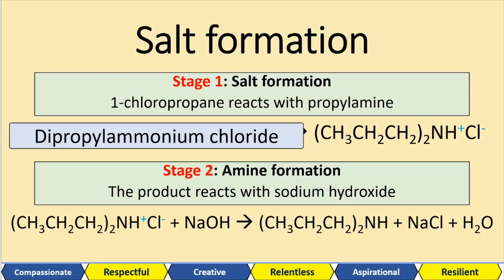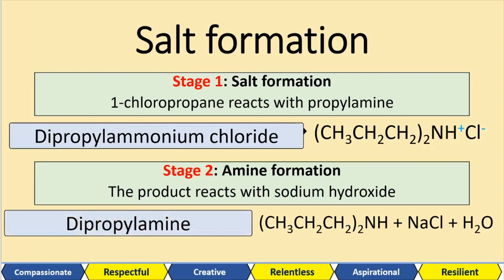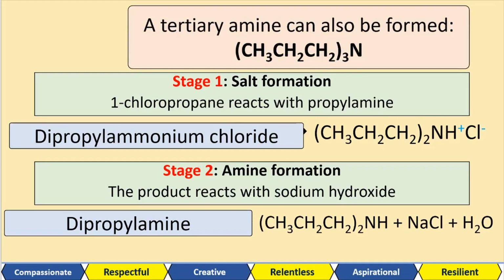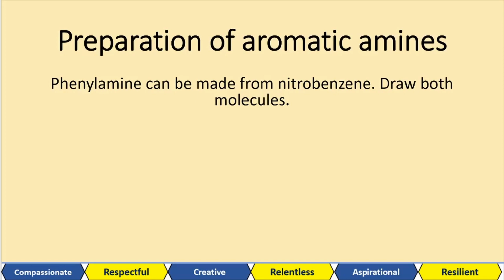Pretty straightforward. And we still have that dipropyl, but now it's an amine, so that's dipropyl amine. You can also form a tertiary amine as well, and that would look something like this, and that will obviously be tripropyl amine.